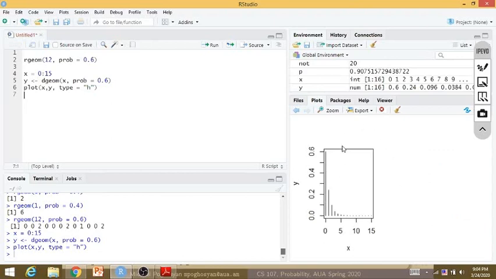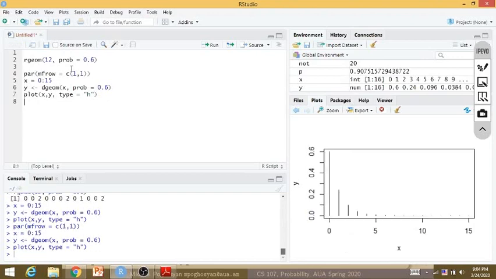Sorry, I forgot to change back to one graph to show. So parameter mfrow is equal to, I just want to have one row and one column. So I'm running this and then running this again.